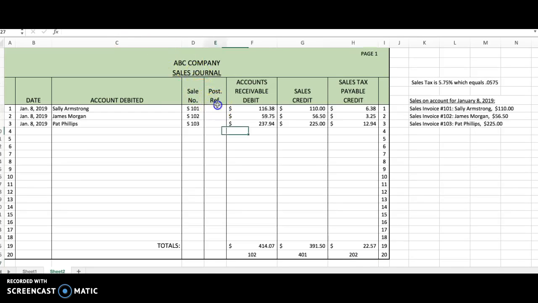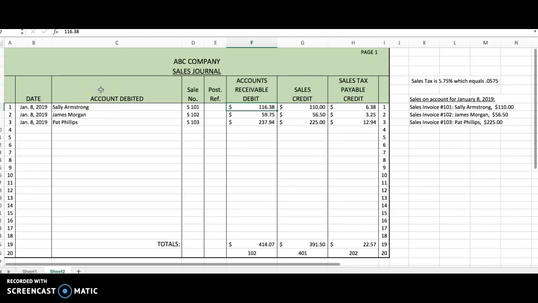Now, the posting reference column is used for these individual accounts. Sally Armstrong, James Morgan, Pat Phillips each have an account with us. So what we'll have to do to their account is debit. That means they owe us more money. So we will go to Sally Armstrong's account, and we'll show you how this works in a future example. But we will debit her account by $116.38.